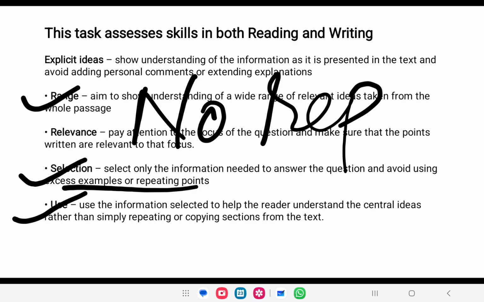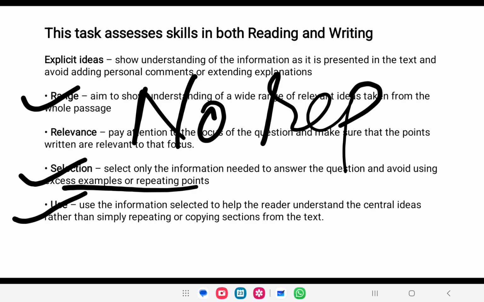Now, whenever you write a summary, remember this, that you are conveying a message to someone who hasn't read the text. You have read it, but somebody hasn't. Let's consider a scenario. Like you have missed a class, but one of your friends has attended the class.